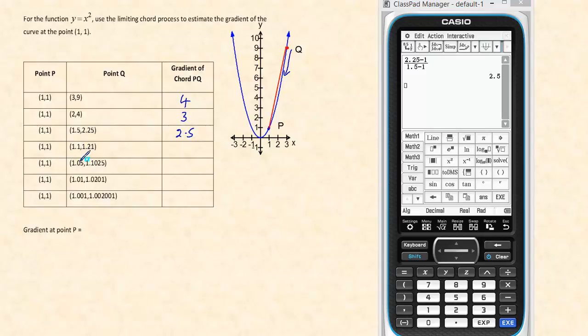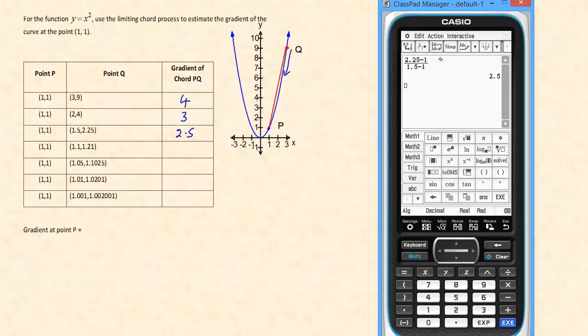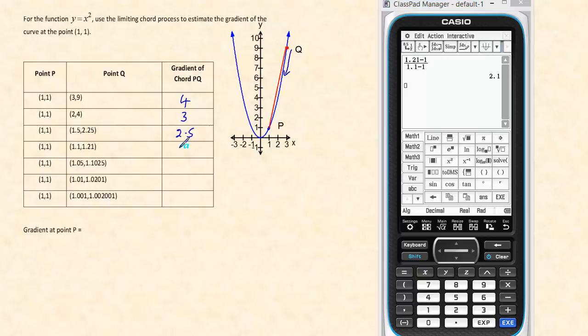If we go for the next one, we can see the y coordinate is 1.21 and the x coordinate is 1.1, and that gives us 2.1.